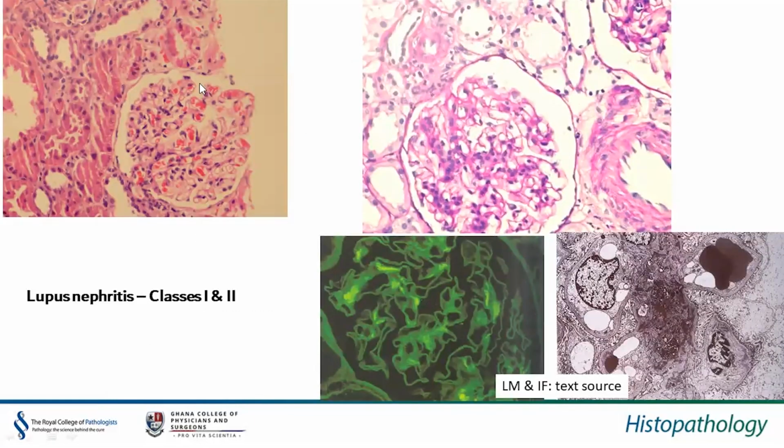So here is lupus nephritis class 1 and 2. This is minimal mesangial, with no changes or very minimal alterations on light microscopy, a near normal appearance of the glomerulus, but on immunofluorescence, you will get staining.